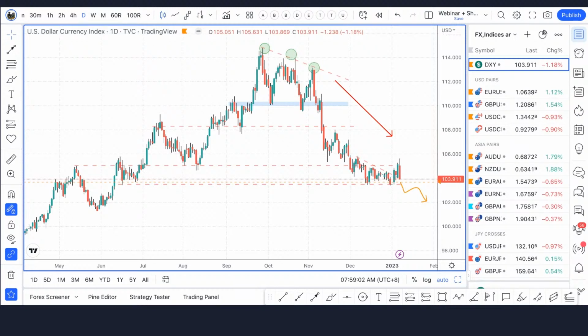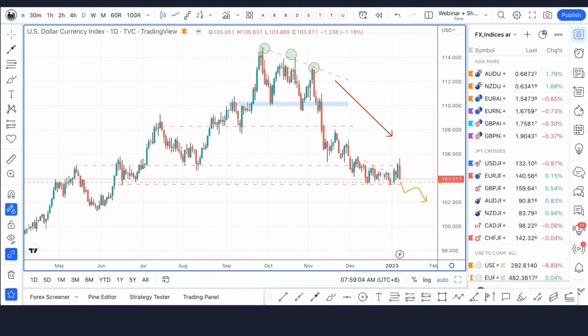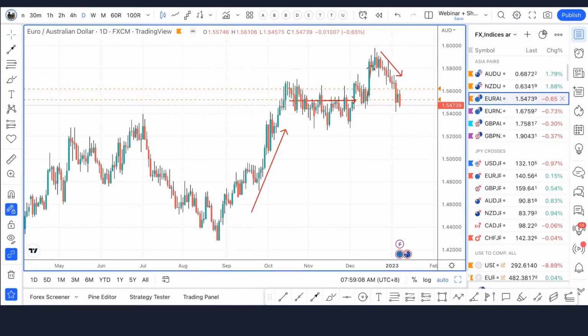So next one I wanted to share with you all is in terms of the other pairs, I mean the other crosses. The cross that I mentioned earlier last week is that I was looking at Euro Aussie to hold on to this level.